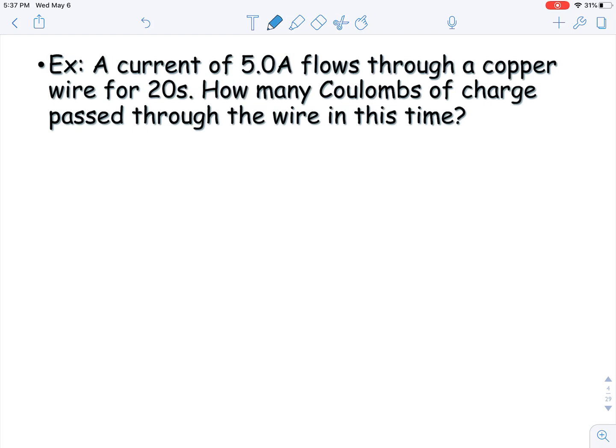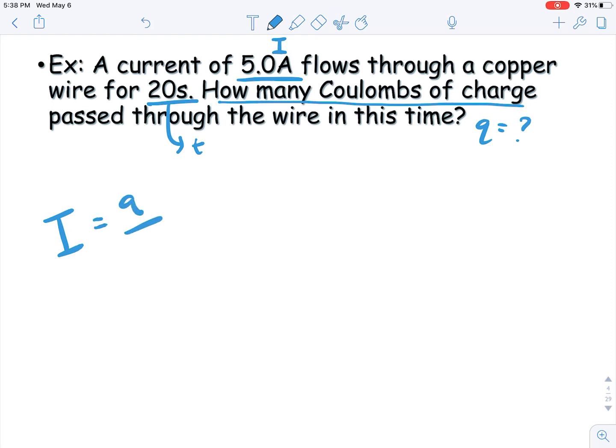Let's try some math. A current of 5 amps, you can label that current, flows through a copper wire for 20 seconds. That's a time. How many coulombs of charge pass through the wire in this time? They're asking us to find charge. Well, we just learned an equation that could help us out here.